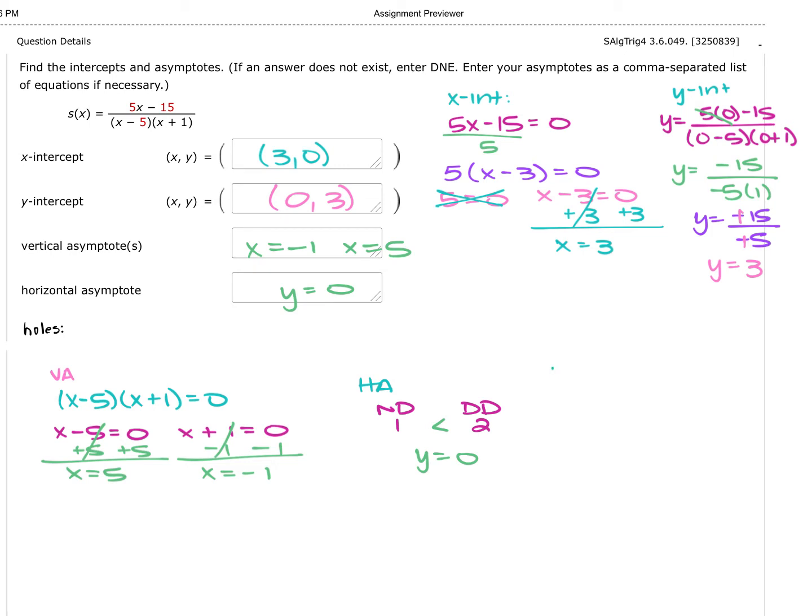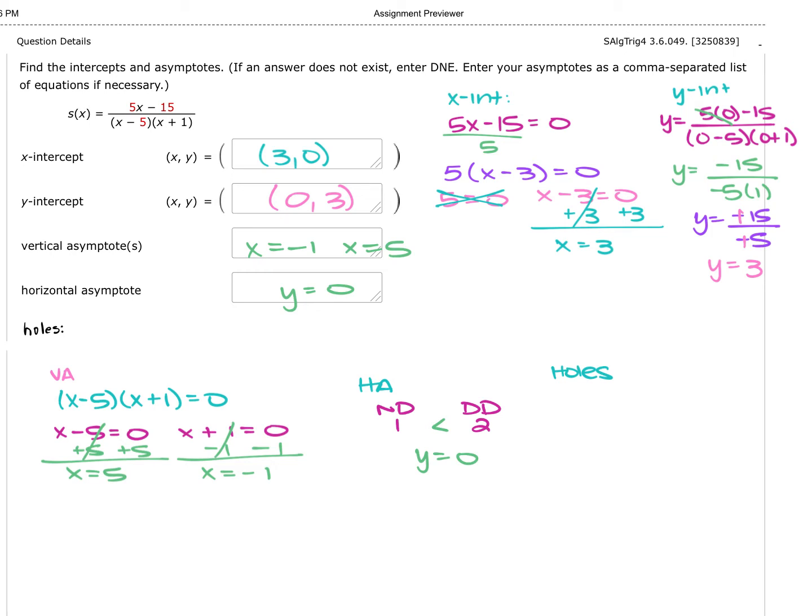Lastly, for this one, we're going to find the holes. By finding the holes, we are going to factor the numerator and the denominator and see what would be the same or what would cancel out. Whatever is the same or whatever's going to cancel out, you're going to set equal to 0 and solve for.